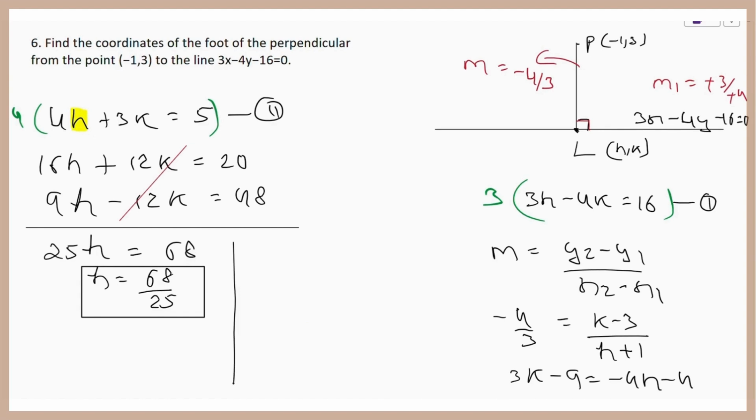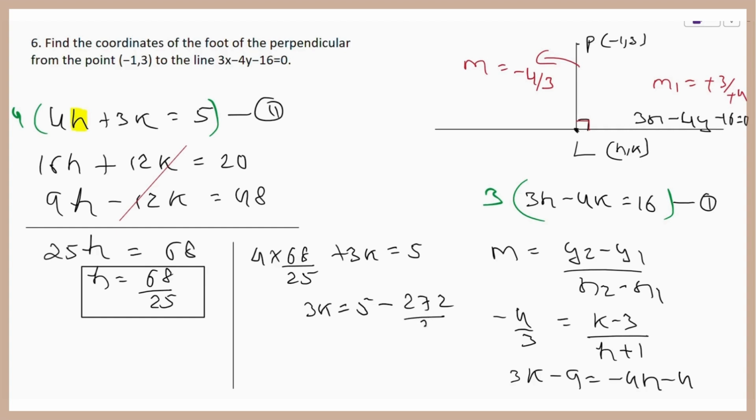This is 4 times 68 over 25 plus 3 times k equals 5. And this is 3k equals 5 minus, we multiply 4 with 68, so that should give you 272.